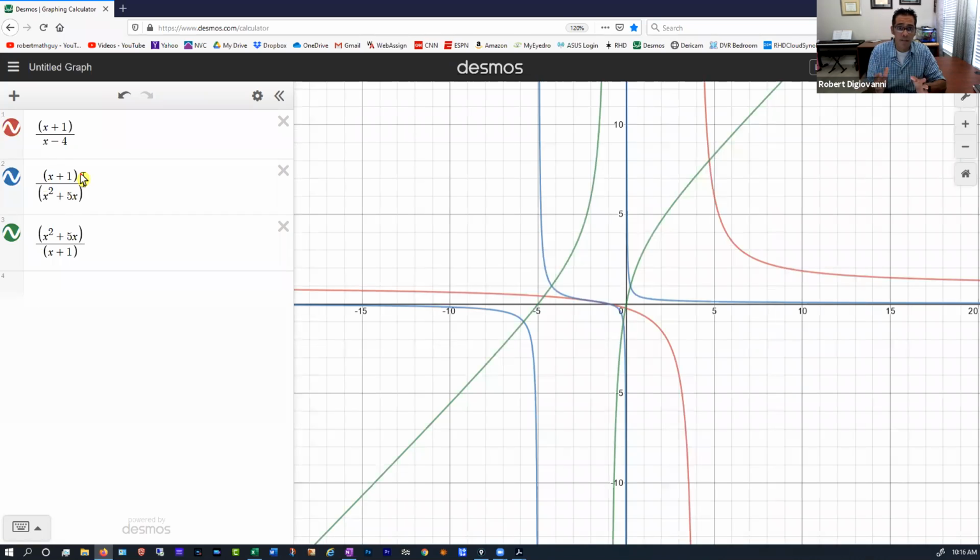Do y'all see that? Even though these are all rational functions, they're all very different from one another. So this is what makes rational functions challenging: you don't have a basic shape where they all look like this and are just a little different. No, they're all different. So it's going to be interesting how this works out.